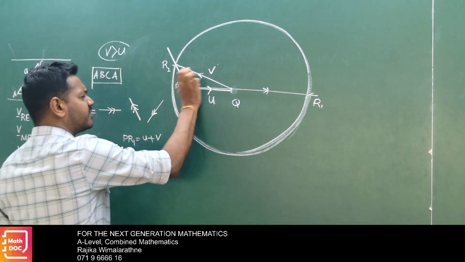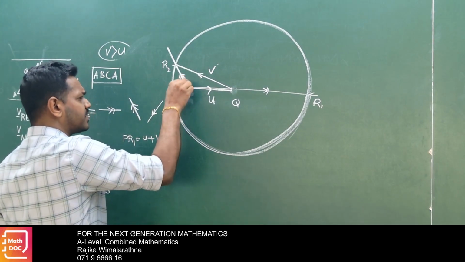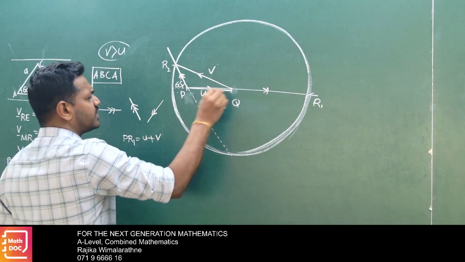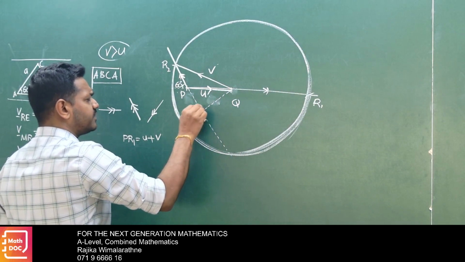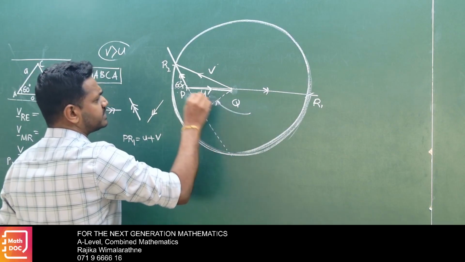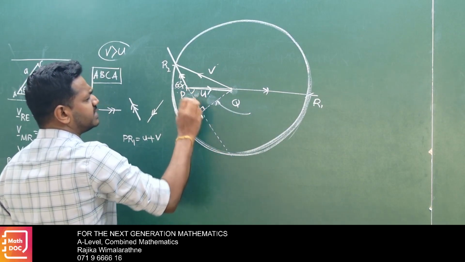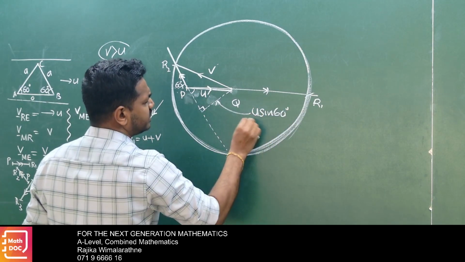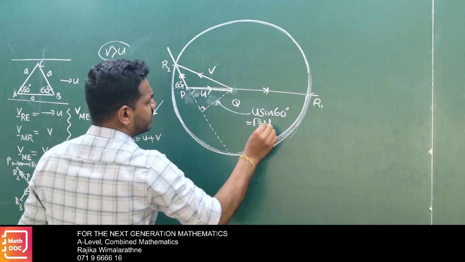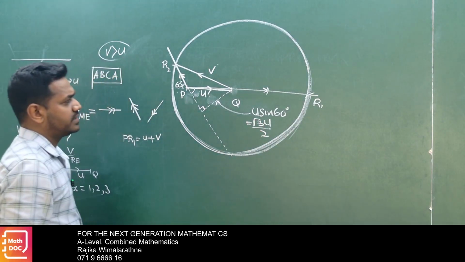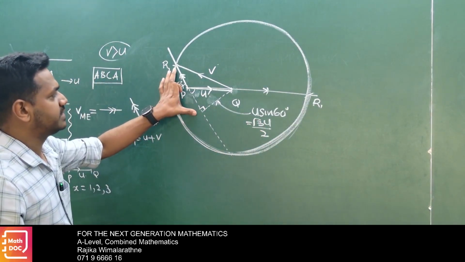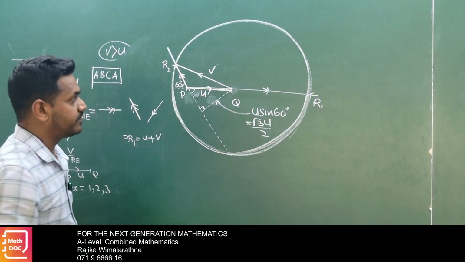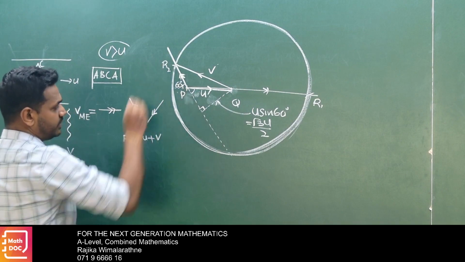Then produce. Here you sketch a perpendicular. Here this is U sin 60, that is root 3 U over 2. Then apply Pythagorean theorem to find this: square root of V square minus (root 3 U over 2) square. Then PR2 value.